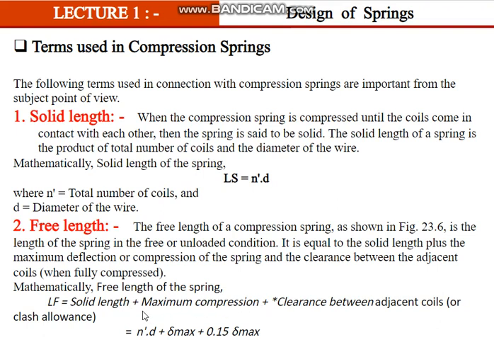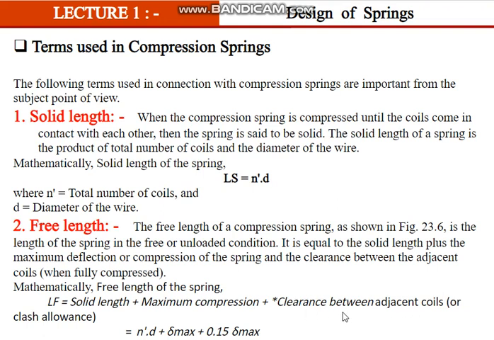Normally, a compression spring will not be compressed to such an extent that one coil will be touching another coil. Always there will be a clearance. So solid length plus maximum compression plus clearance between adjacent coils, which is the final clearance.